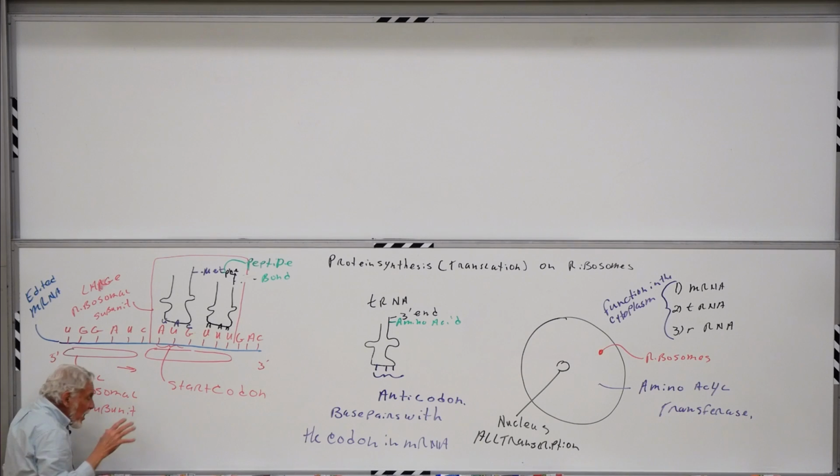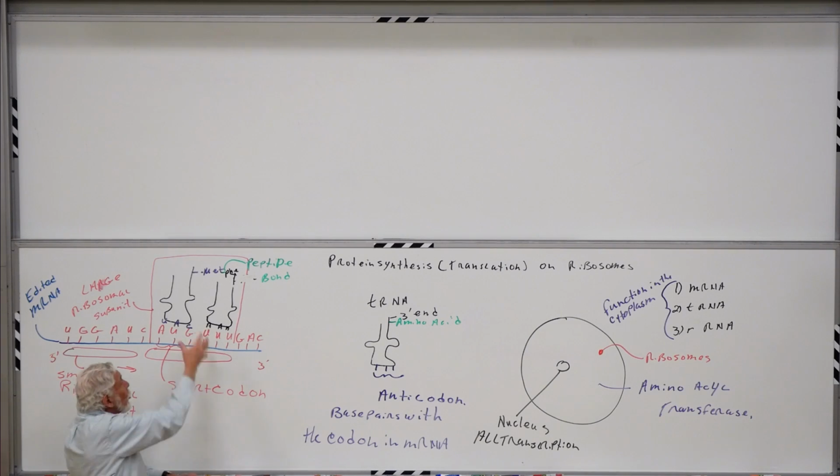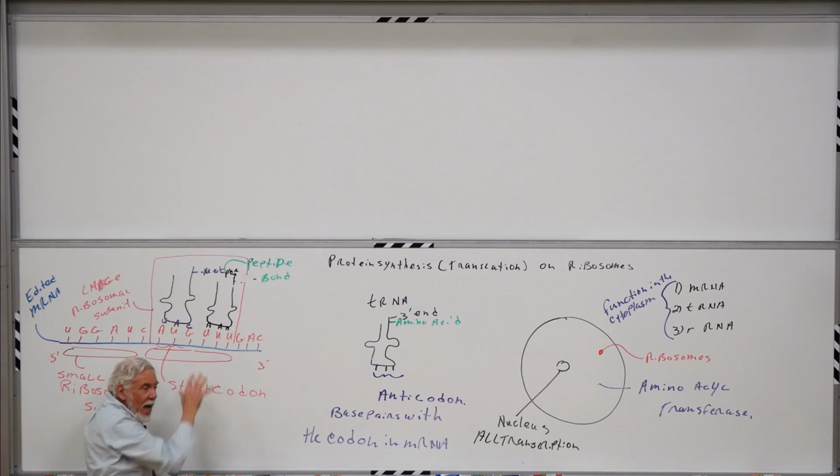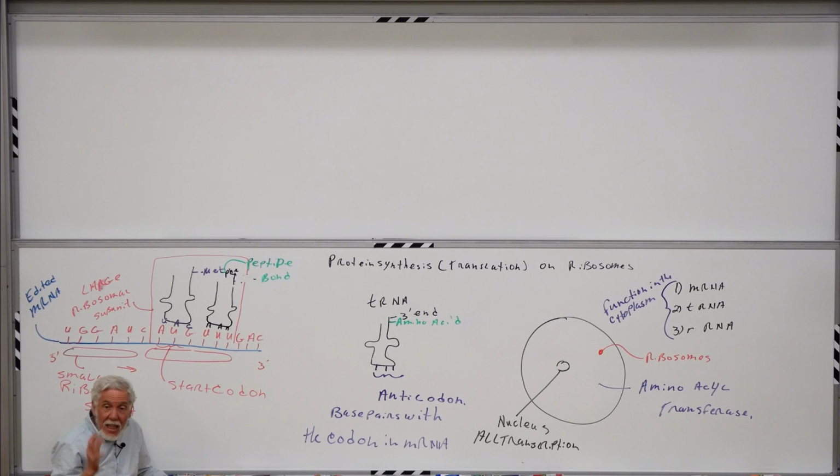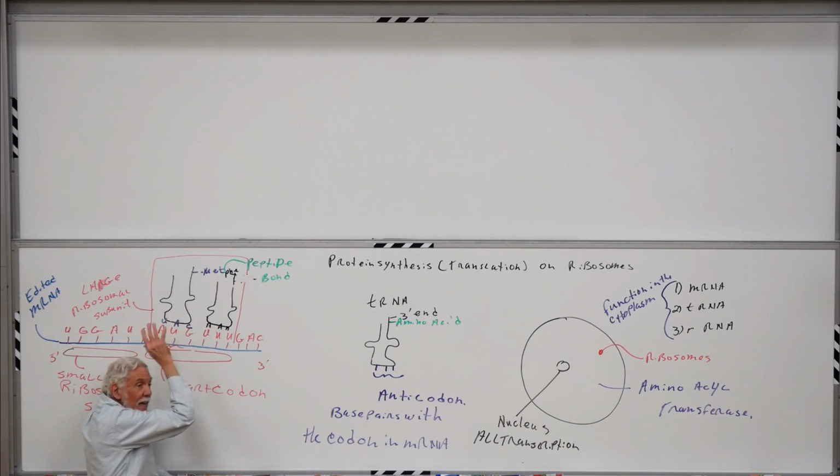And in fact, the 3-dimensional structure of the RNA is what is catalyzing that enzymatic reaction. It's one of these old arrangements where the RNA itself is catalytic.